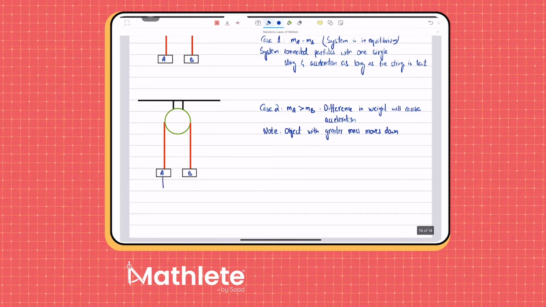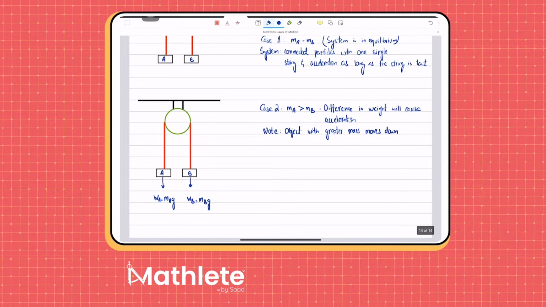So the weight of A will be acting downwards, and the weight of A will be equal to ma times g. The weight of B will also be acting downwards. Remember, irrespective of the direction in which the object is moving, weight always acts downwards. So WB is equal to mb times g. g is acceleration due to gravity.